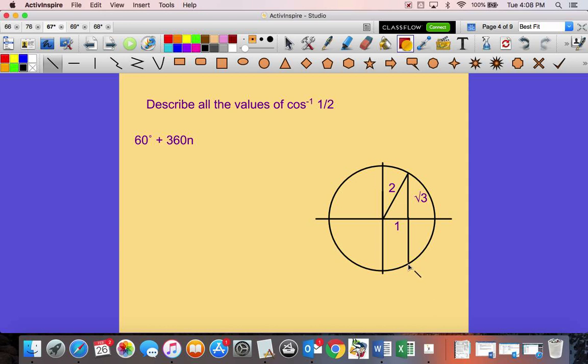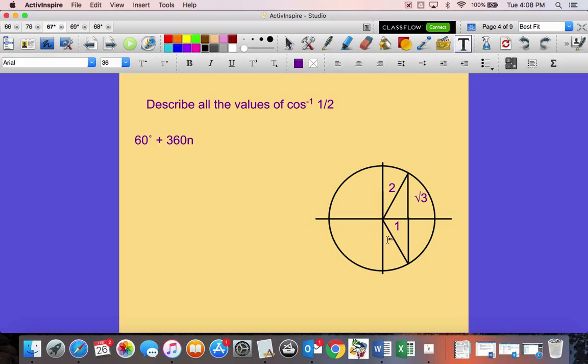So we would be down here with this triangle. Really the only things that change here: our adjacent side is still 1 and our hypotenuse is still 2, just like before, and that's why this works in this quadrant. The only thing that changes is that this time, where we went up a square root of 3 in the first quadrant, this one down below would be a negative square root of 3.